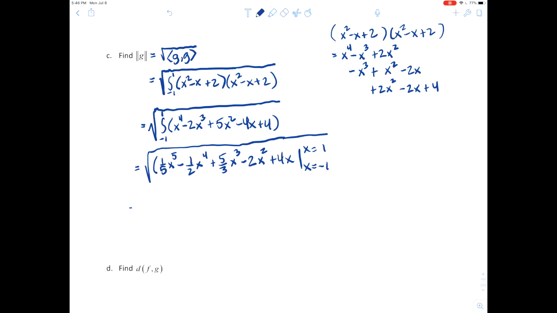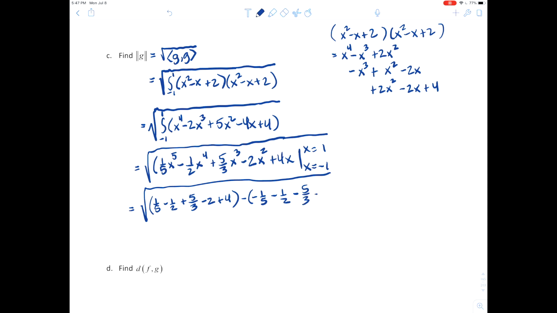So we will have 1/5 minus 1/2 plus 5/3 minus 2 plus 4 for the upper limit, and then minus -1/5 minus 1/2 minus 5/3 minus 2 minus 4.